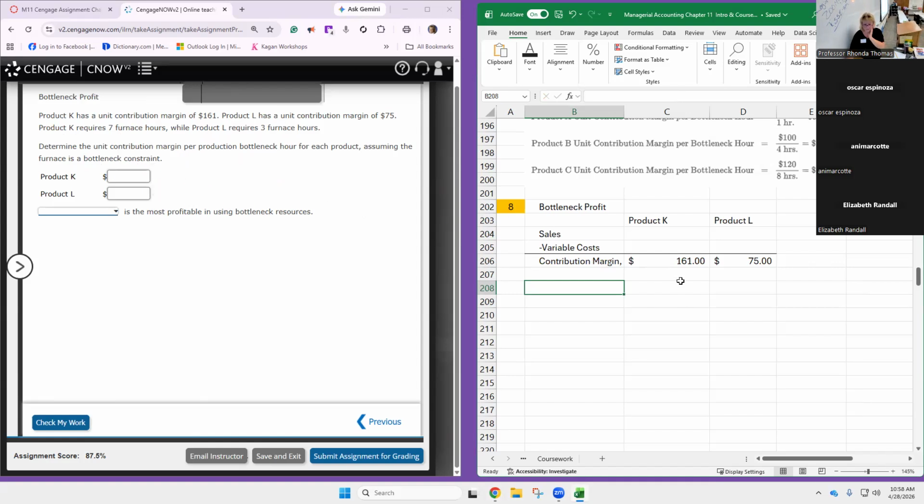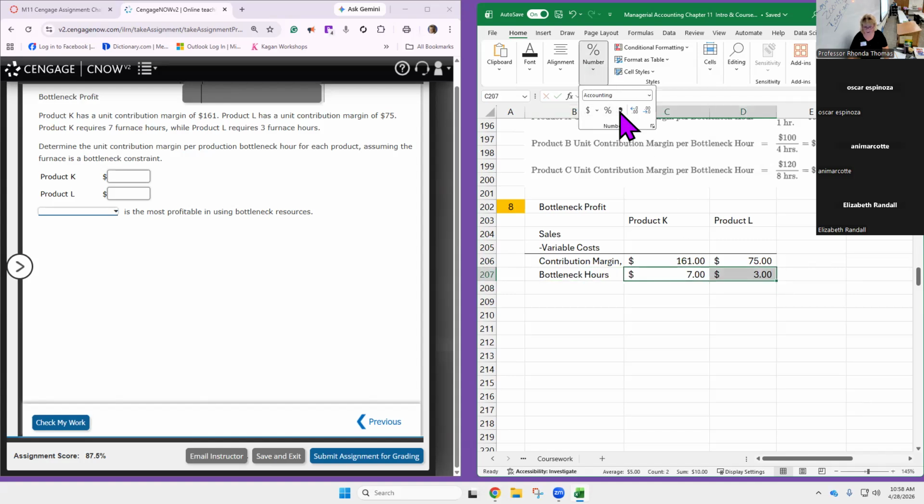So we have 7 hours for this one. And this is what they call the bottleneck hours. Bottleneck. That's funny. Neck hours. Okay. This takes 7 and this takes 3.